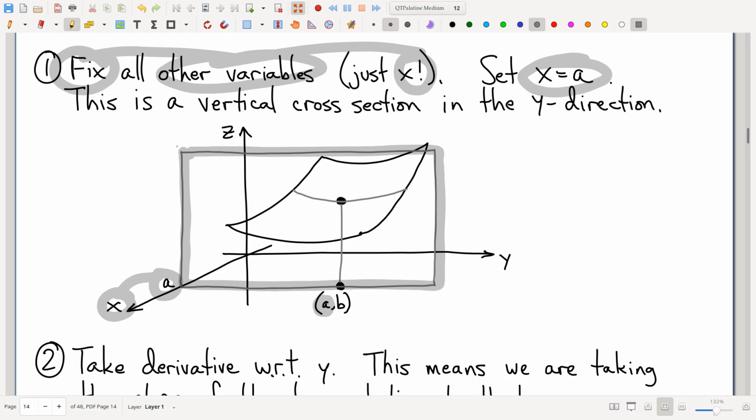You can think then about how our surface, keep in mind our surface being a graph, looks in this plane. We're just taking a vertical slice of our surface by that plane, and what that gives us is a curve. Everybody good?